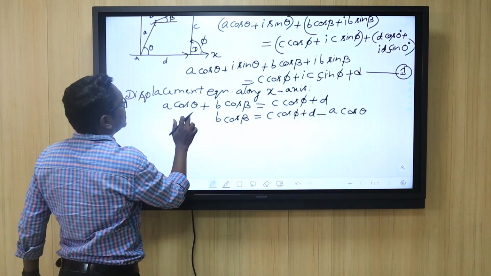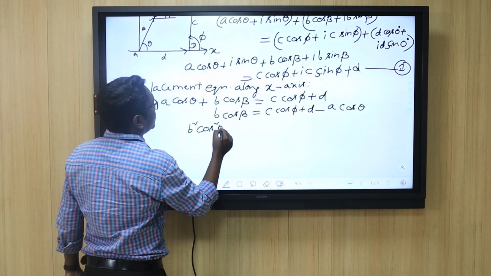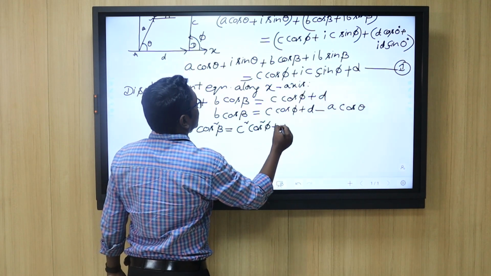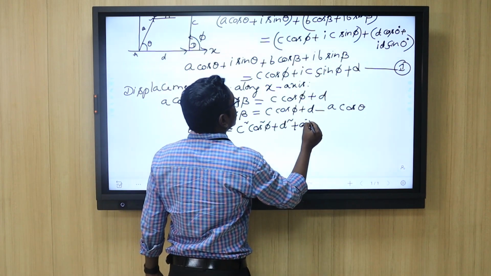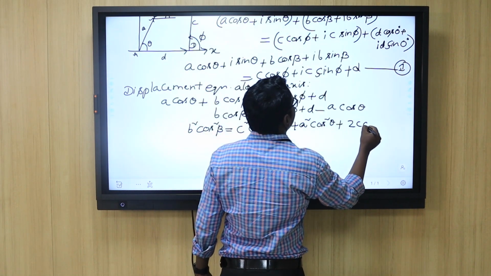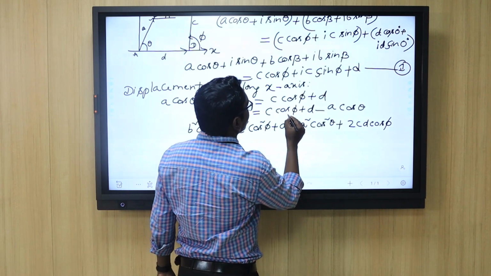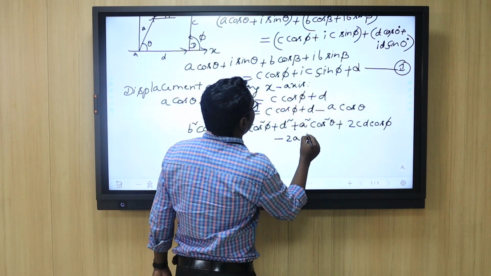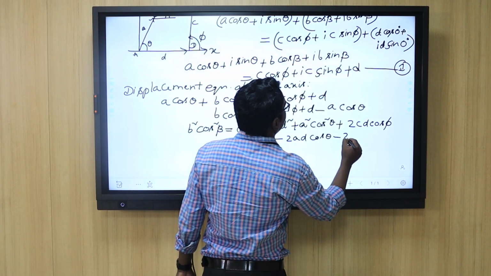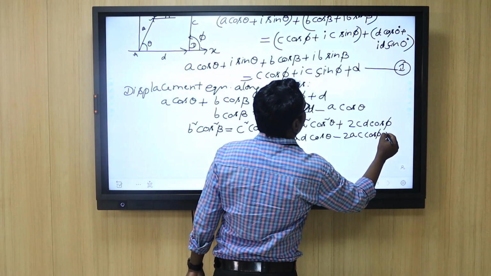Now squaring on both sides, b square cos square beta is equal to c square cos square phi plus d square plus a square cos square theta plus 2cd cos phi minus 2ad cos theta minus 2ac cos phi cos theta.